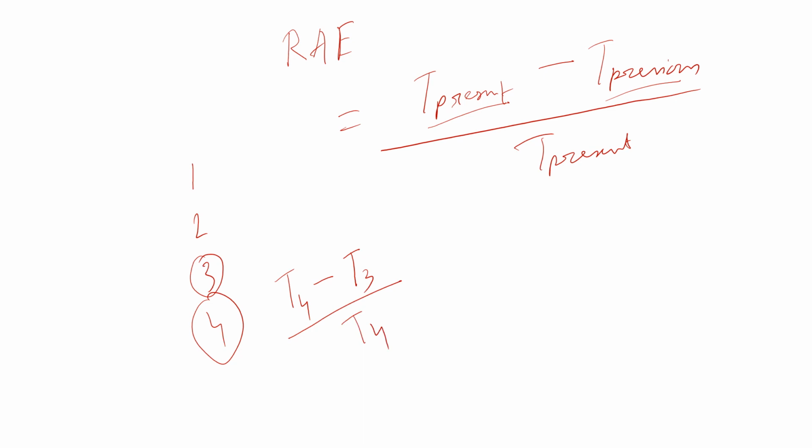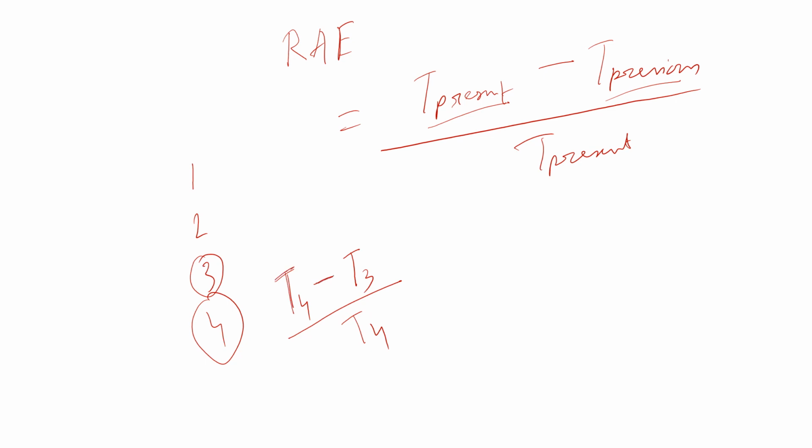So T present means what was the temperature after you have calculated the temperature at each of the internal nodes at the present iteration. And the previous iteration will certainly be the previous iteration. In this case, after the 4th iteration, you have found out the temperature T4.